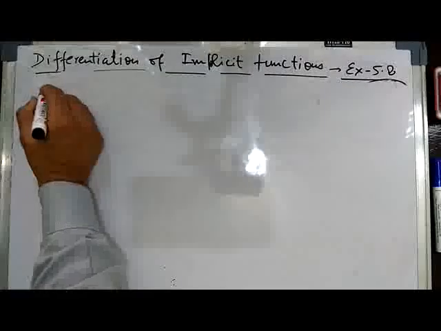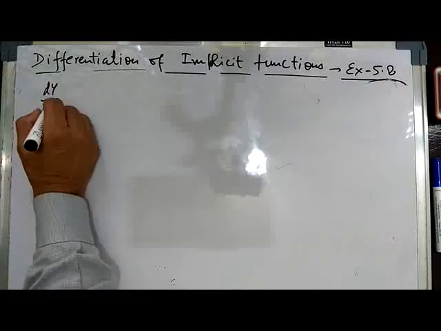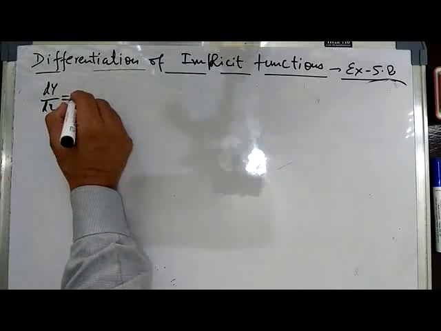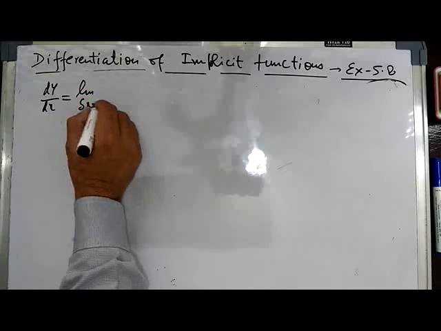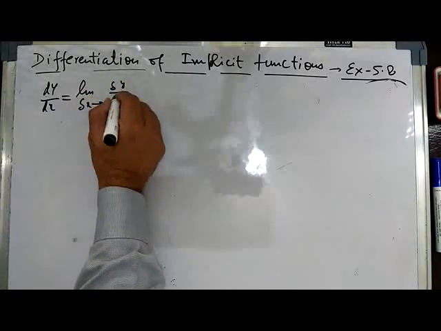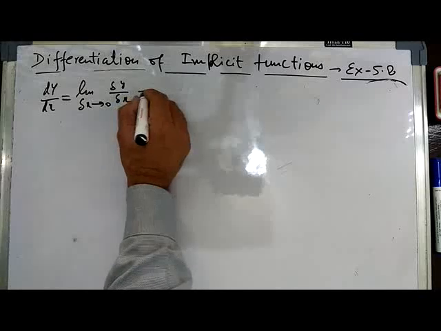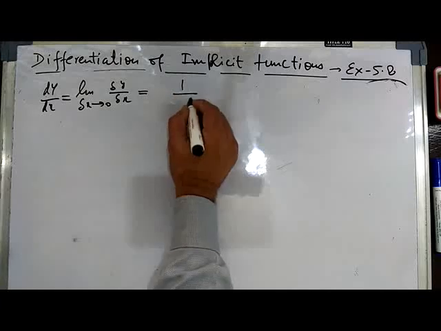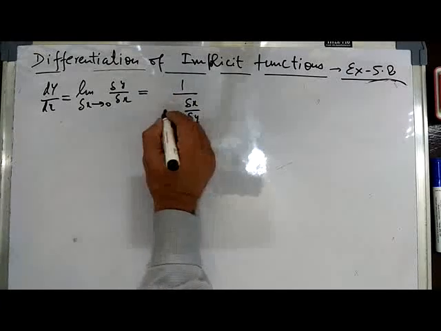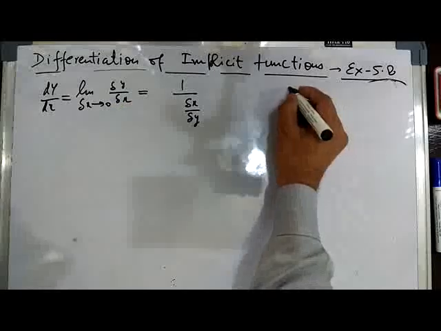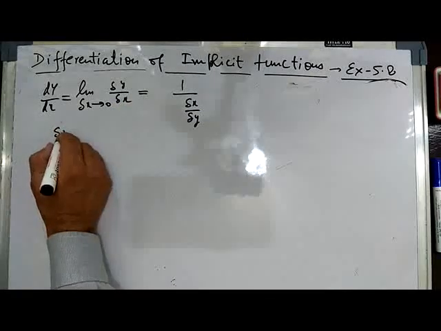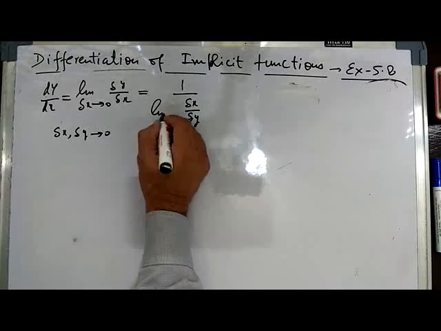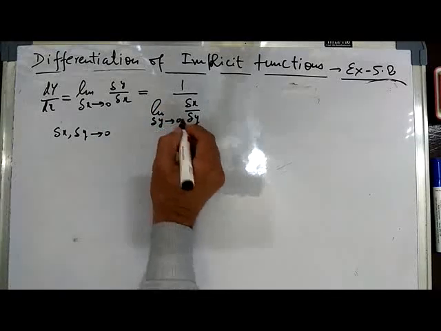One more thing I have to explain, which I already told you in my previous lecture. From the first principle method, it is delta y upon delta x. As I have told you, here y changes due to a change in x. If you bring it down, it is delta x upon delta y. Since both delta x and delta y are tending to 0, being in the denominator, you can write that delta y is not 0 but very small.